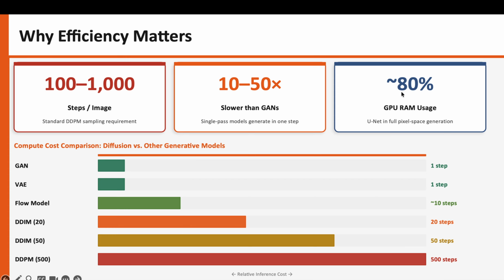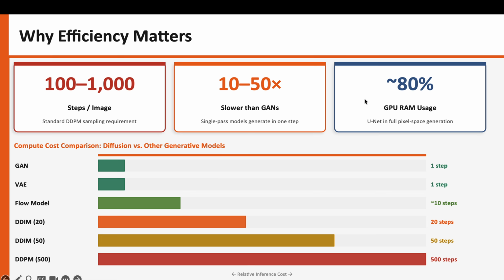And running a UNet in full pixel space consumes roughly 80% of available GPU memory. The bar chart below compares relative inference cost across different generative model families. You can see that GANs and VAEs are essentially free compared to DDPM with 500 steps, which uses the full bar.